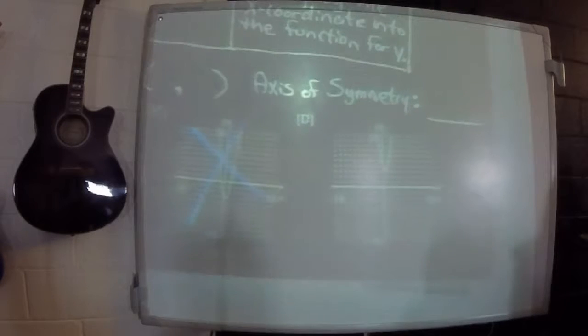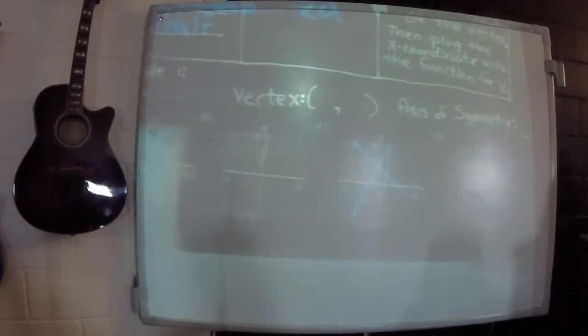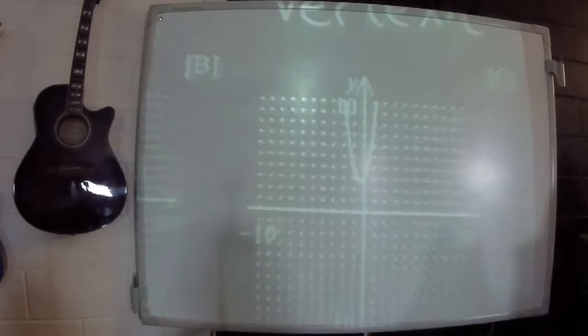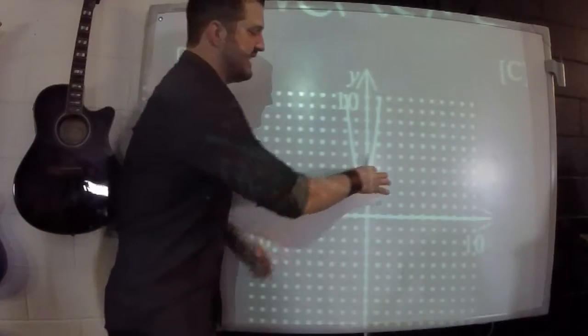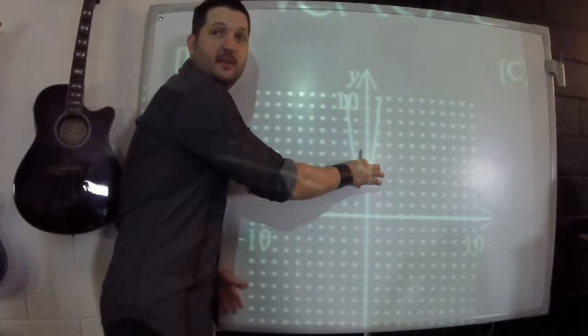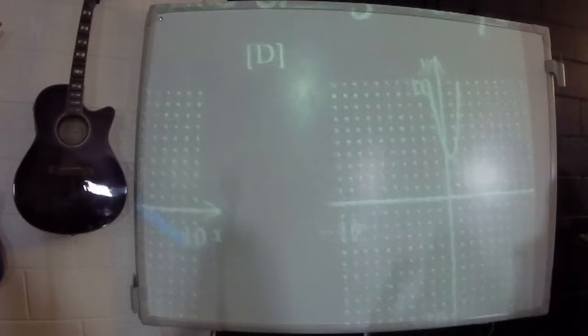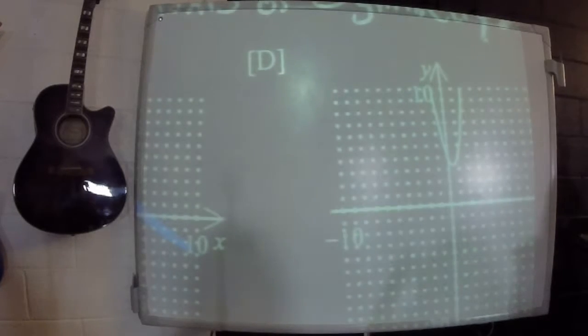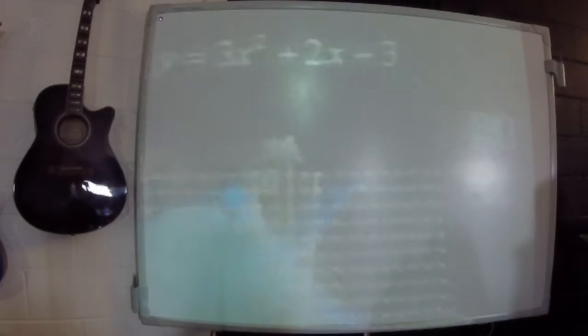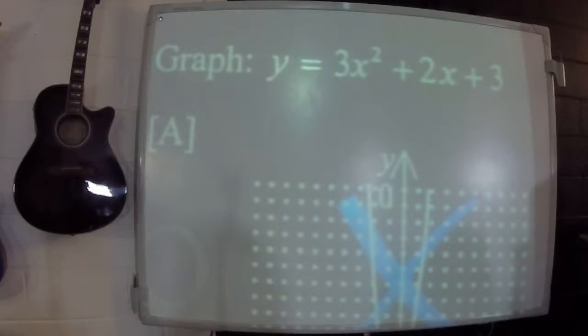So here's what's going to help us. If I could find the axis of symmetry, notice one thing about B and D. The axis of symmetry on this one is a little bit left of the y-axis. The axis of symmetry on this one is a little bit on the right. So is the axis of symmetry positive or negative? Positive. So to find the axis of symmetry, I do negative b over 2a, which makes negative 2 over 2 times 3.